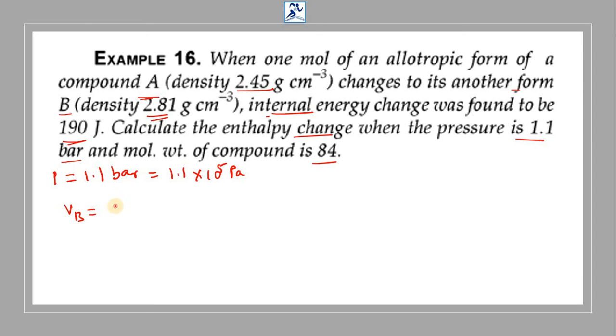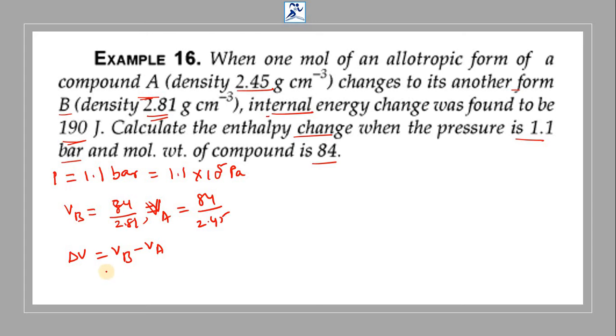Mass of the second one is how much? 84, divided by its density 2.81, that is VB. Similarly, we can find VA. VA is equal to mass by its density 2.45. Now change in the volume delta V will become VB minus VA.